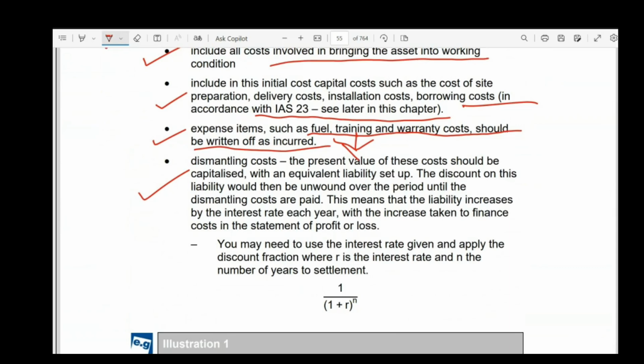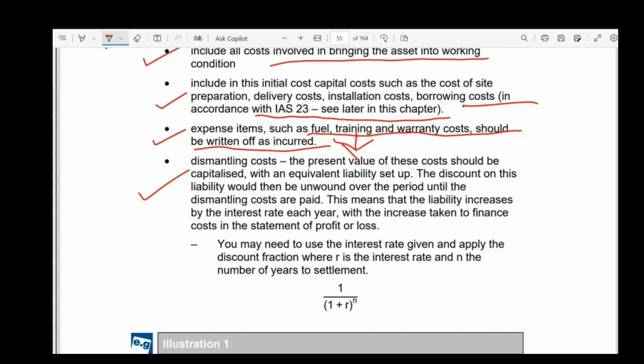Dismantling cost will also be very important. In some countries, some assets are dangerous for a community, or you have to dismantle them. So at the time of completion of the work, the dismantling cost will also have to be accounted for, from a future perspective.